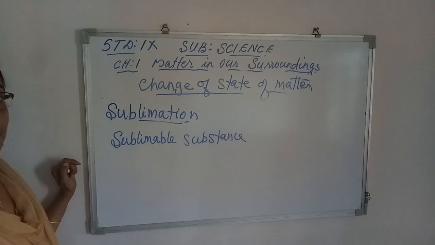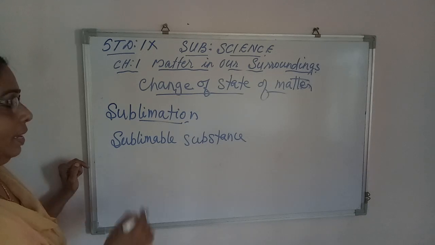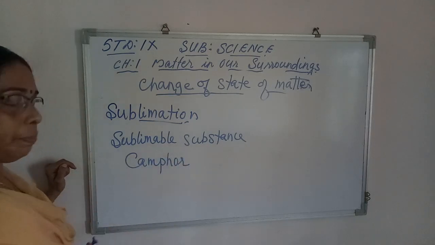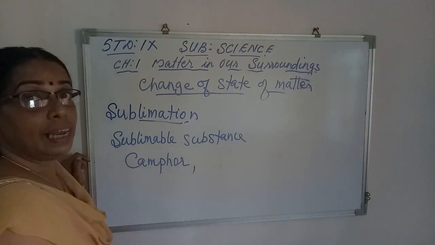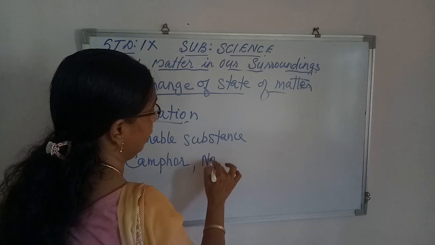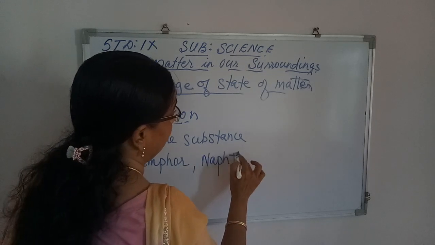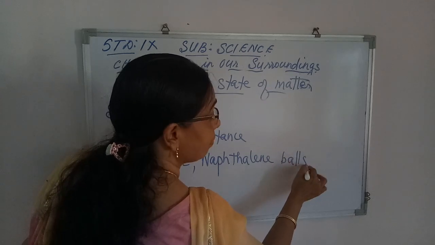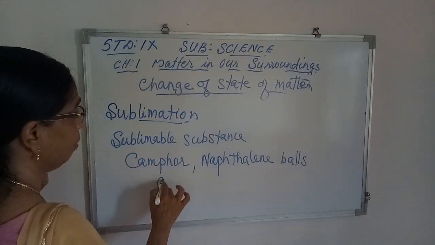Can you tell me one example? Camphor. Yes, camphor is an example of a sublimable substance. Then naphthalene balls. You must have seen naphthalene balls. Another example is ammonium chloride.